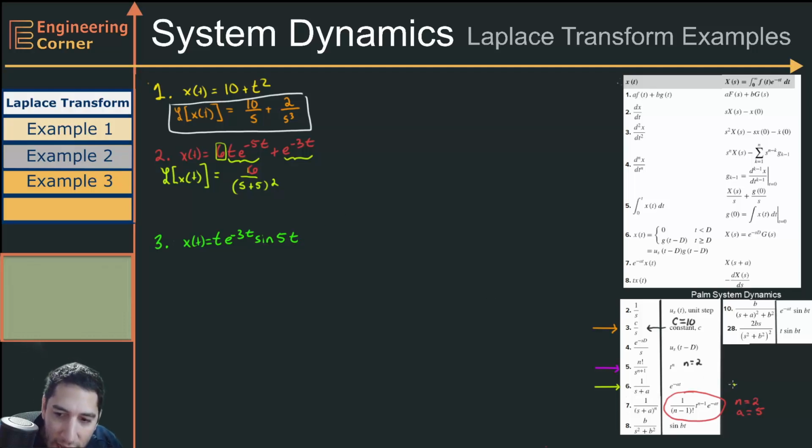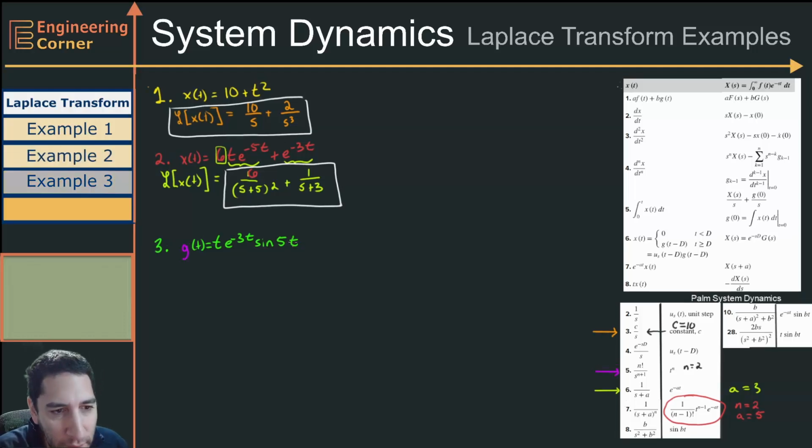And here our a is going to be this 3. So we have a is equal to 3. Our Laplace transform is plus 1 over s plus 3. So again, this one was pretty easy. Pretty straightforward, but this is the Laplace transform that we have.